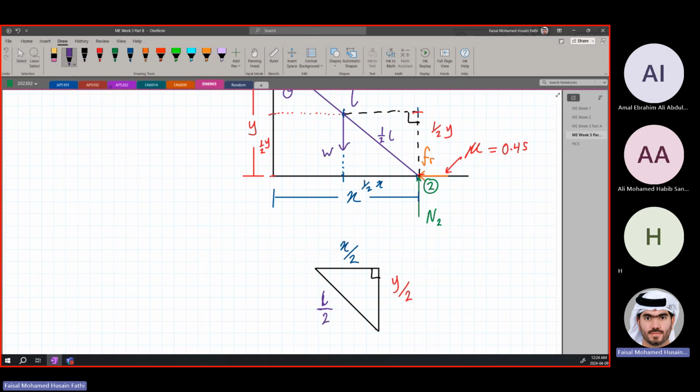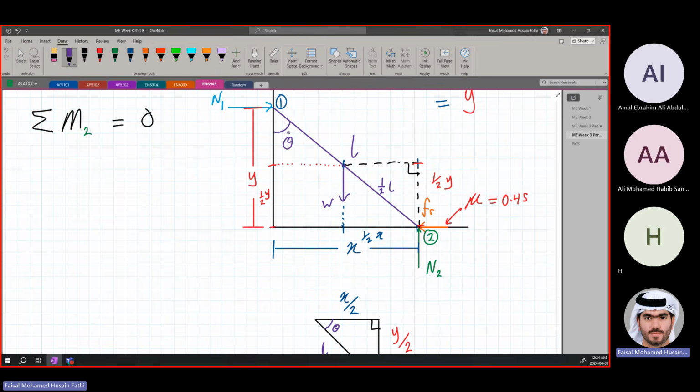We also know that this angle over here is the angle theta that we have assumed, because this angle is equal to this angle over here, since they are both with a vertical line and along the same line. So these are both equal to theta.